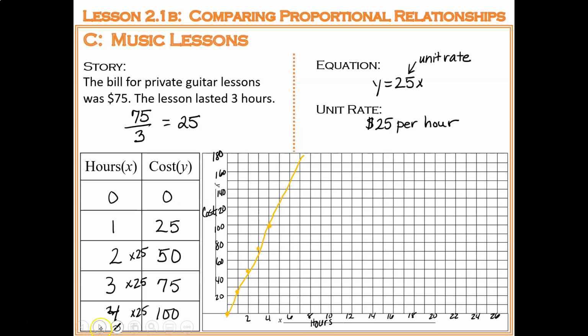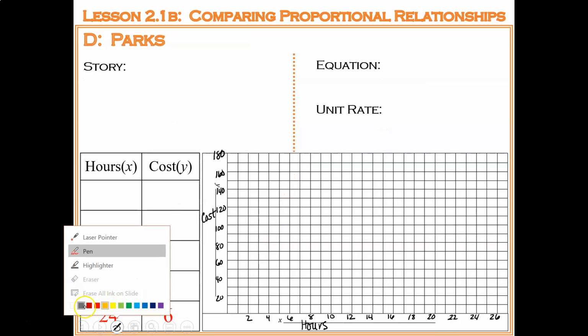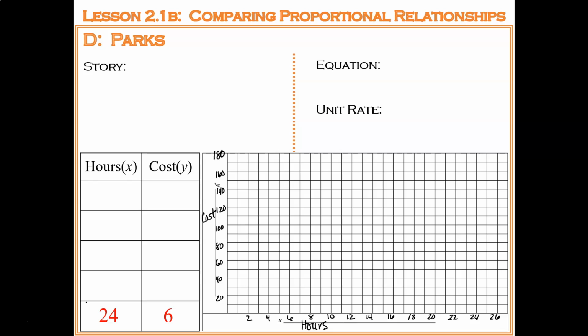Okay, moving on. So I'm talking about parks here. This gives us 24 hours costs $6. So we are going to take your y and divide by x. So 6 over 24 reduces to 1/4, or 25 hundredths.